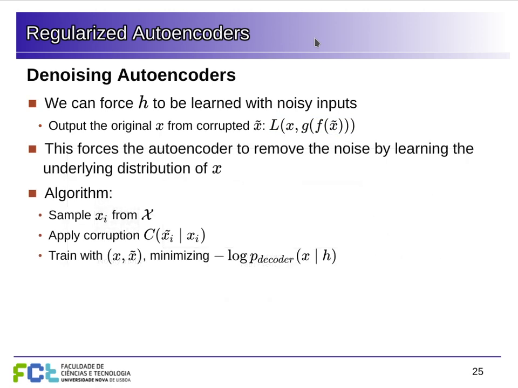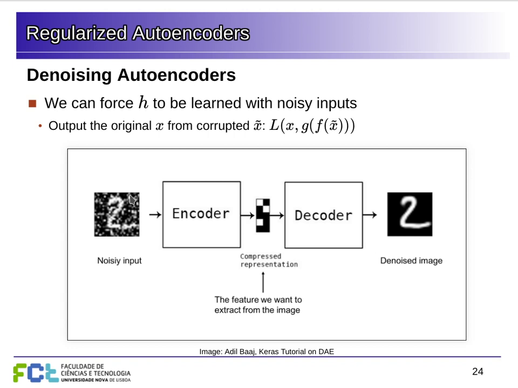So with denoising autoencoders, the algorithm is simple. You just have this autoencoder network. It outputs the same as what the input should be. But when you are training, when you sample an example from your set of examples, you apply some corruption function. For example, you can apply normally distributed noise to the inputs with some small fraction, or randomly deactivate some of the inputs. This would be this kind of example. We randomly put some pixels at white here, and so they get changed at random with this noise.